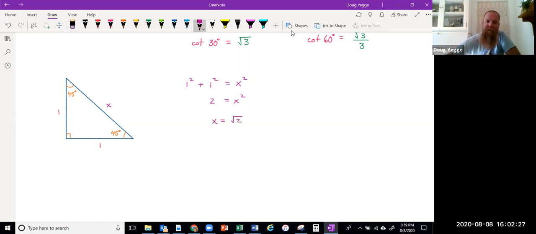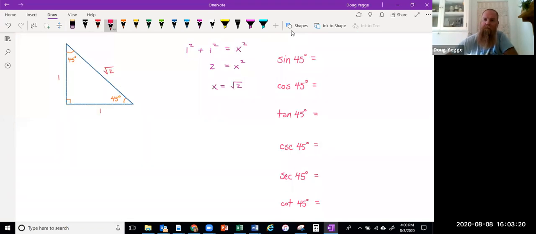So if x is equal to the square root of 2, we're now able to use those 3 sides to find out what all of the trigonometric function values are for 45 degrees. So when I look at sine of 45 degrees, it doesn't really matter which angle we look at, because sine is going to be the same thing regardless of which angle you look at.